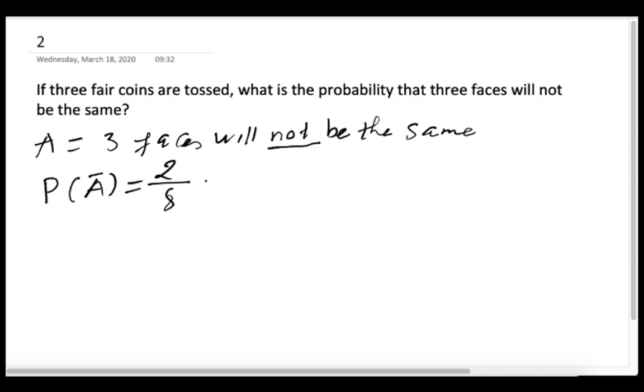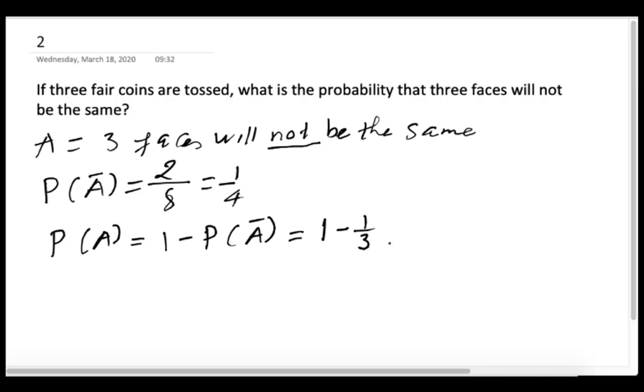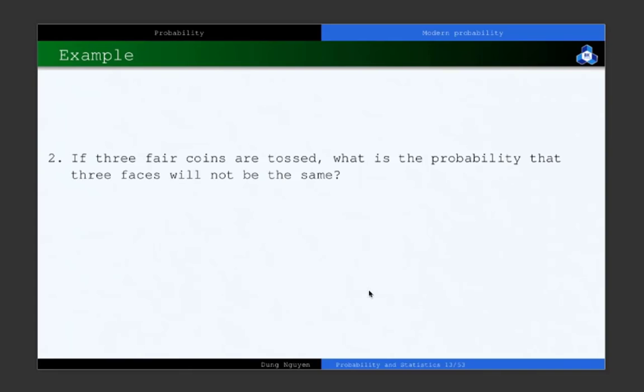Therefore, you get 1 over 4. And now you want to find the probability of A, which is 1 minus the probability of the complement. Then you get 1 minus 1/4, I'm sorry, 1/4 here. And you get 3 over 4.